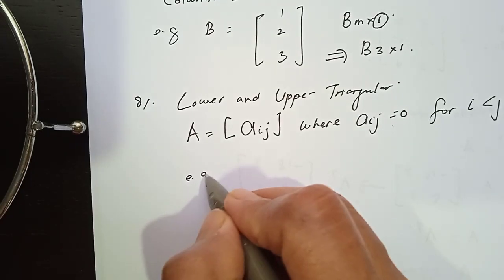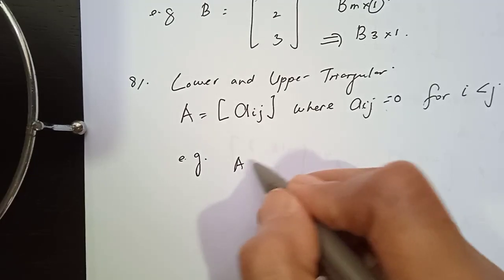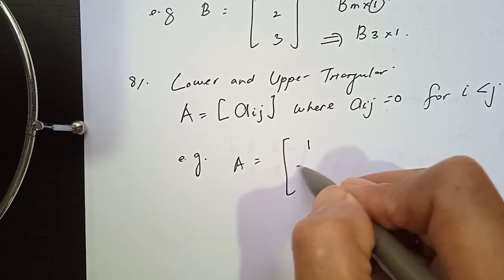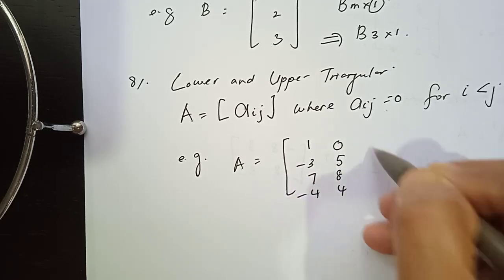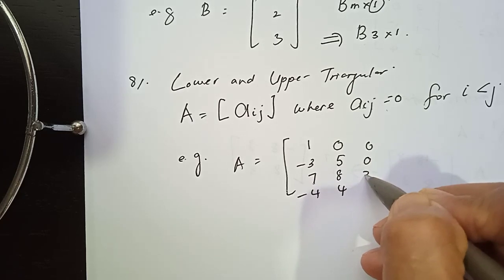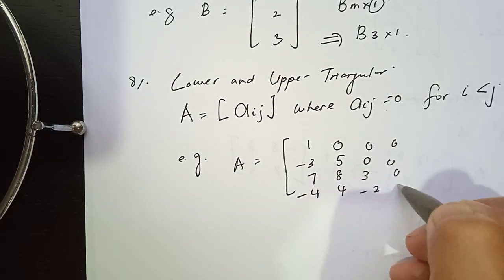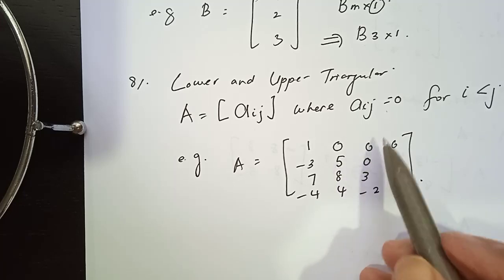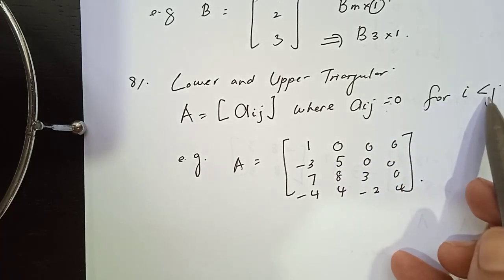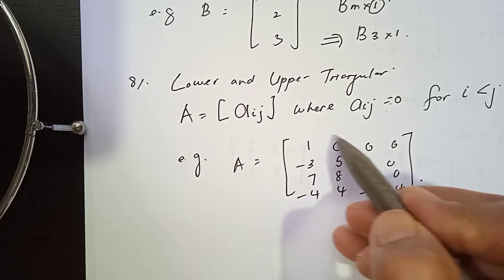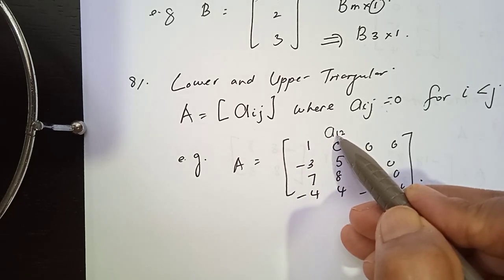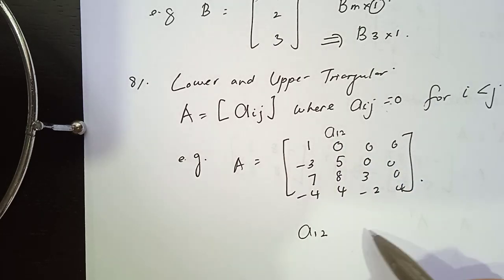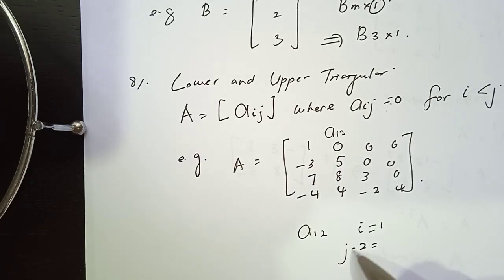Okay, example, A is 1, -3, 7, -4, 0, 5, 8, 4, 0, 0, 3, -2, 0, 0, 0, 4. So aij is 0 for i less than j. This is a12, meaning i is 1 and j is 2.